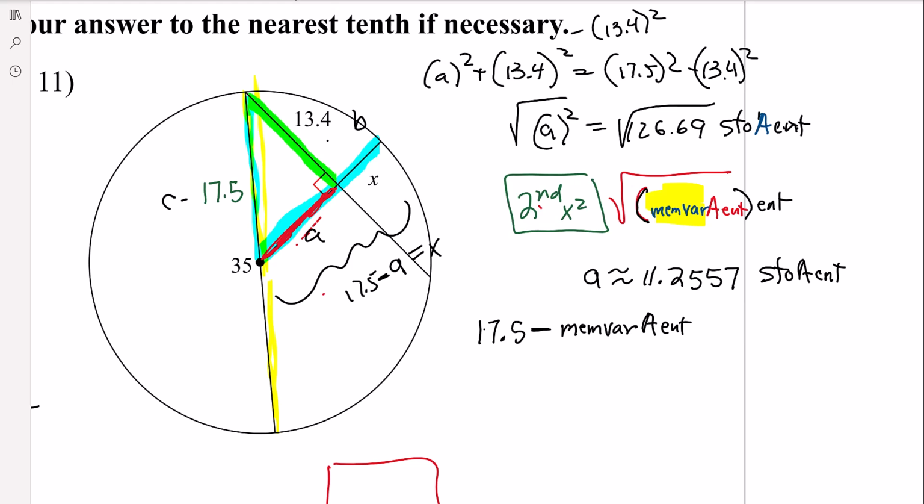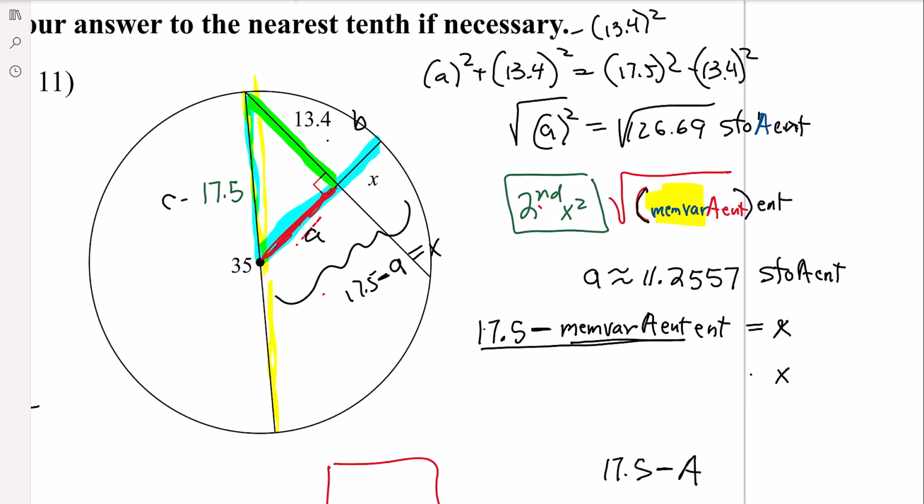So what you should see on your screen when you hit enter, when you do all this, what the calculator will show is this. Then you hit enter again. And that will give you the value for x.